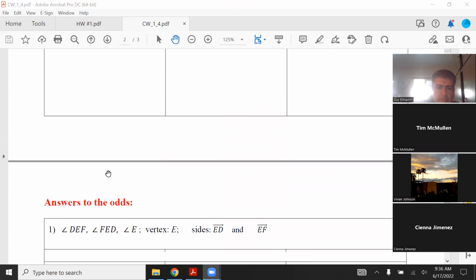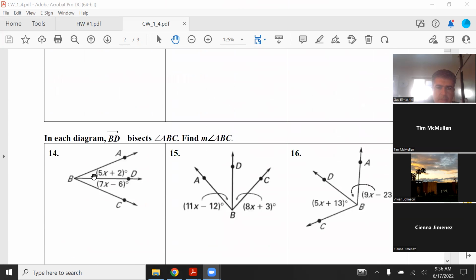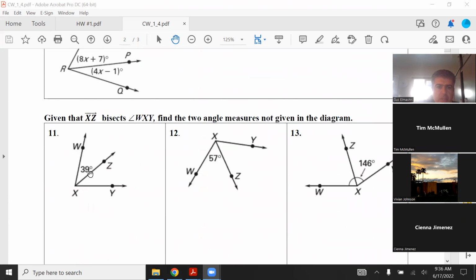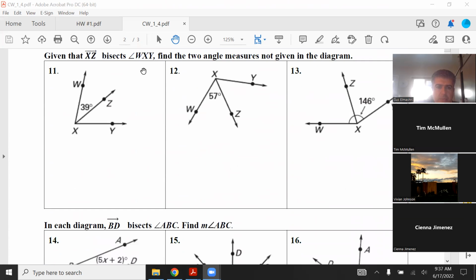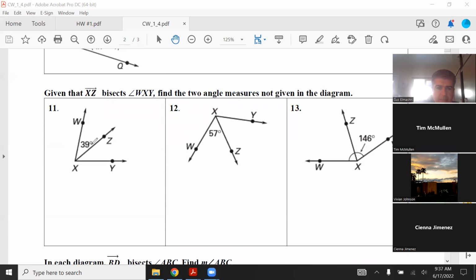Let me talk about 11 and 14. Then I'll have you guys do the rest of the problems. So for 11, if you're told it bisects, that means cuts in half. So that's obviously 39 degrees. So angle ZXY is 39 degrees. You're asked to find two angle measures.